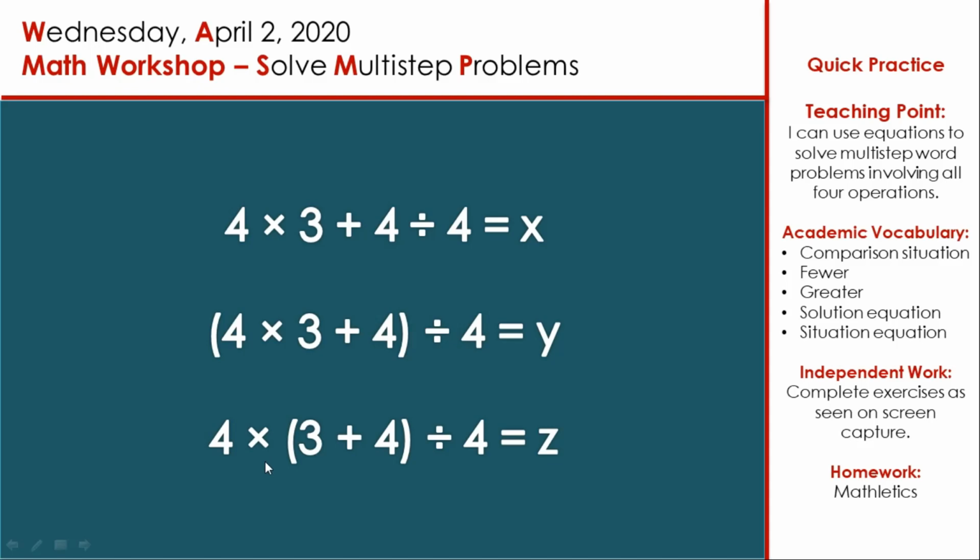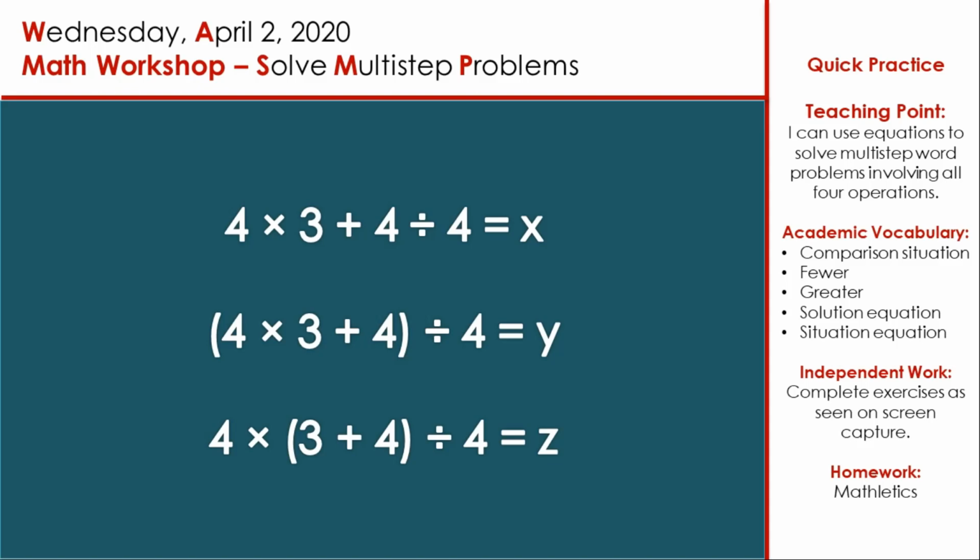Alright? On my third one, I have a different grouping. As you can see, on the second one I involve the first 3 terms, but in the third one, I'm only involving, let's say, 2 and 3. So I'm supposed, yet again, to try the parentheses first, which is 3 plus 4 equals 7, and then I'm going to multiply that by 4, and whatever I get from that, well, 7 times 4 is actually 28, I'm going to divide that by 4.